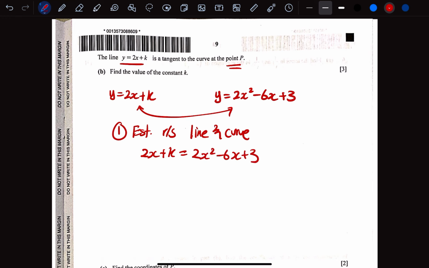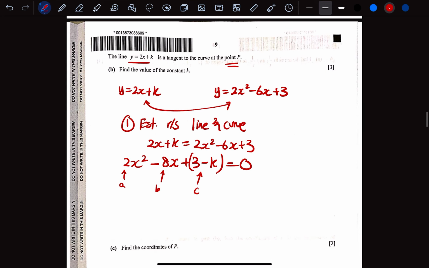And we're going to bring all our terms to the same side. 2x squared minus 8x plus 3 minus k equals 0. Here we have our a, our b, and our c. Our c, take note, is the whole thing, 3 minus k. And once we have established this, since they told you it is a tangent, we know that b squared minus 4ac is equal to 0.